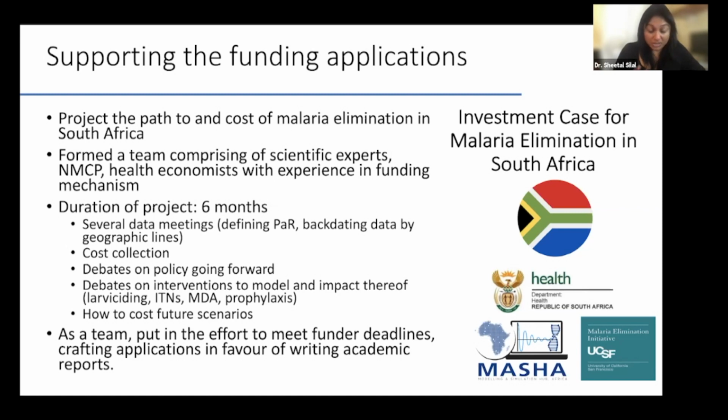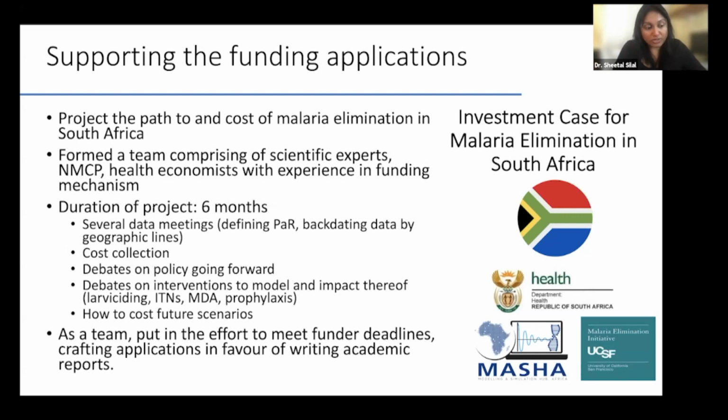Our models were able to demonstrate that you can do all you like within a country, but if your imported cases are still continuing unabated, despite having border surveillance units and so forth, because of the impact of asymptomatic cases, the knock-on malaria cases transmitted would have sustained local malaria transmission for years on end.